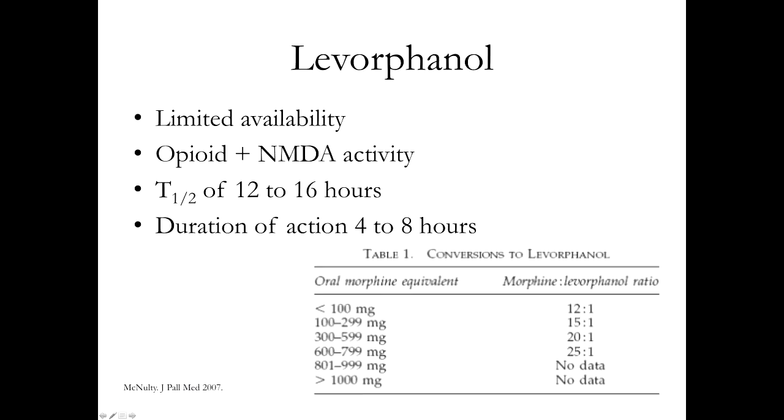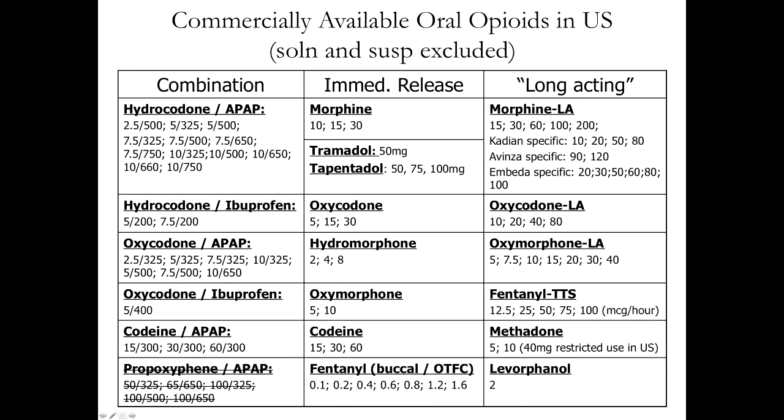And as you can see down here, based on the oral morphine equivalent, we have conversion data that we can use. These are the commercially available oral opioids currently. I do want to point out that Avinza was just taken off the market. And we do also have an extended release tapentadol now, or Nucynta ER, that is not listed within this slide deck.